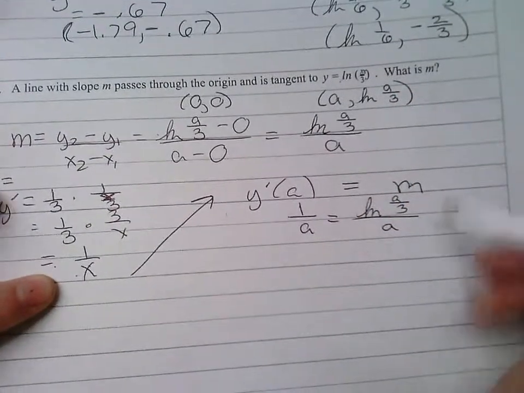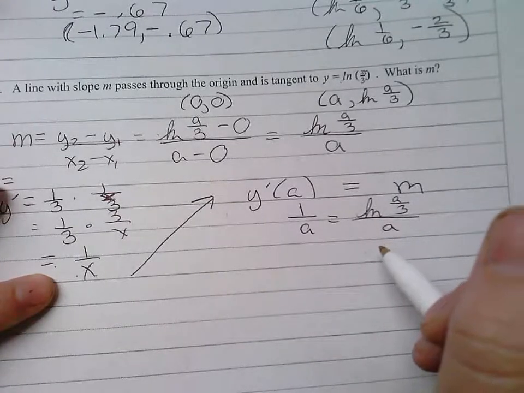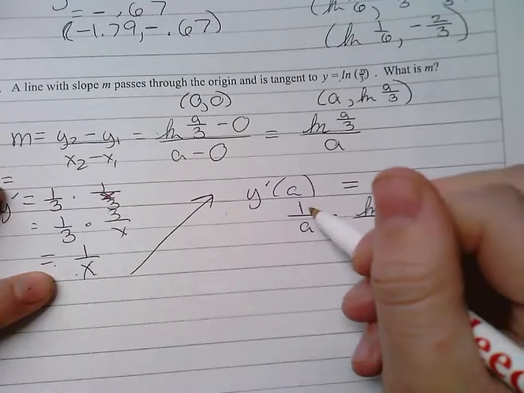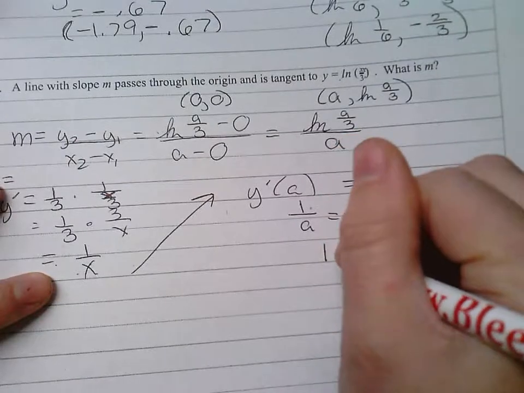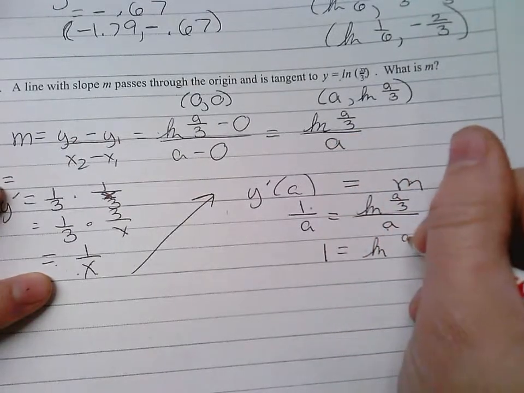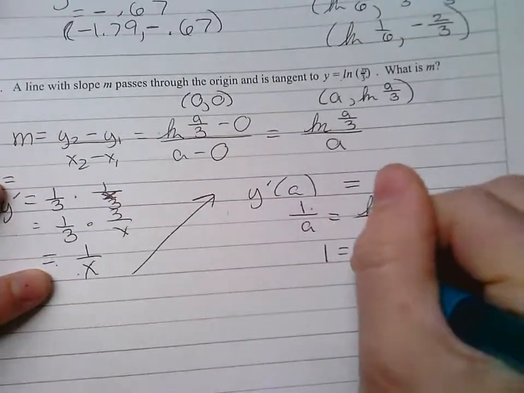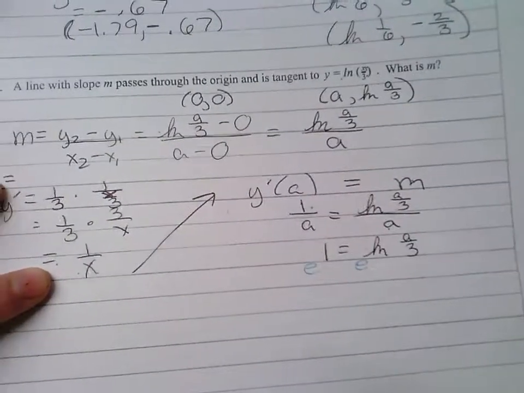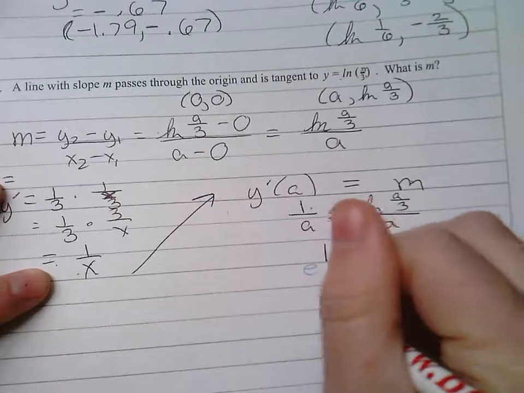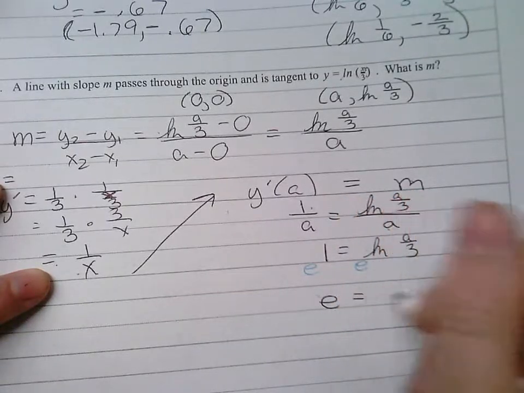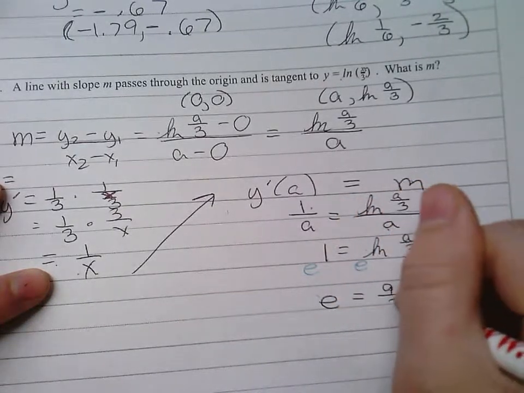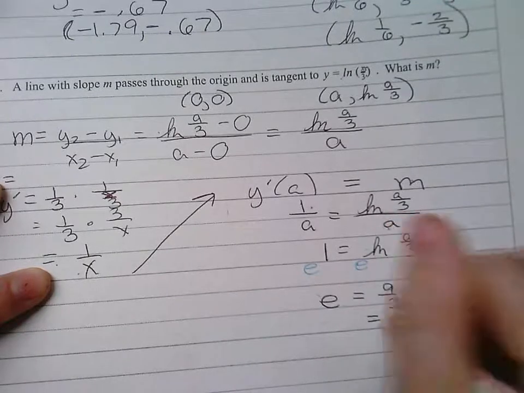Okay, so let's cross multiply. So we're looking for a. So bring that a up here. That's going to be 1 equals ln of a over 3. To get rid of an ln, you just base e both sides. So you're going to have e equals a over 3. So a is going to be 3e.